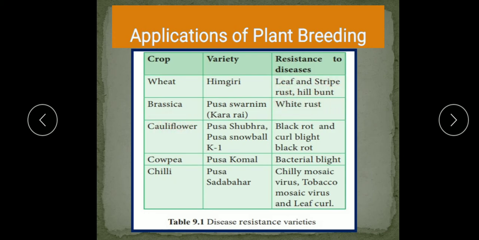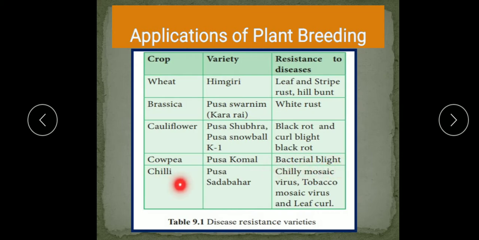Brassica, its variety Pusa Swarnim. It is resistant to white rust. Then cauliflower, its varieties are Pusa Shubhra, Pusa Snowball, and it is resistant to black rot and curl blight. And cowpea, its variety Pusa Komal, is resistant to bacterial blight.